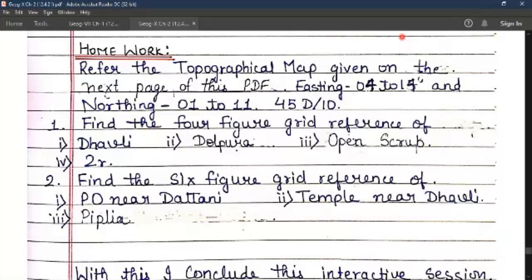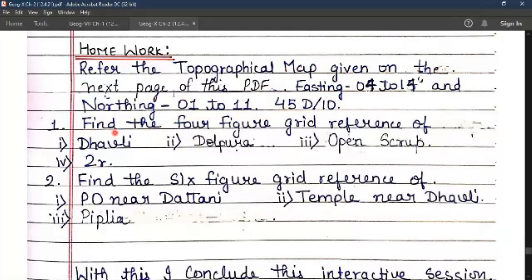Now, your homework is you have to refer to the topographical map given on the next page of this PDF with eastings 4 to 14 and northings 1 to 11. The sheet number is 45 D by 10.